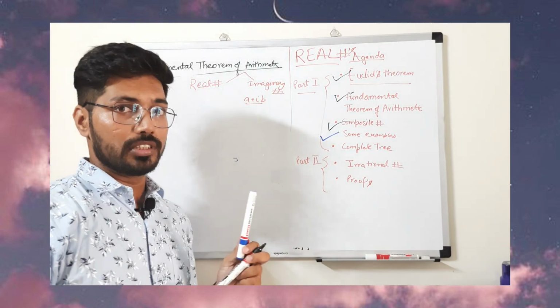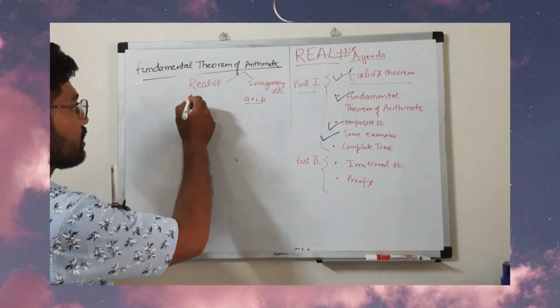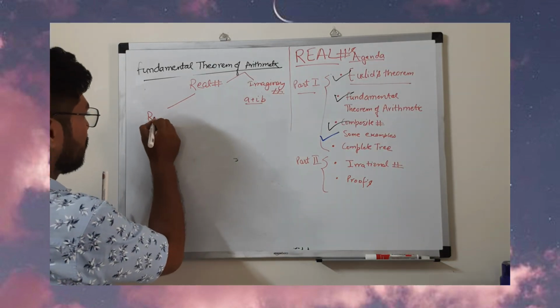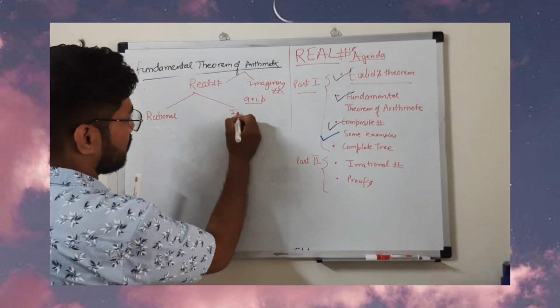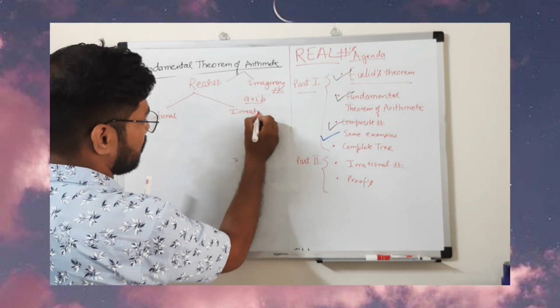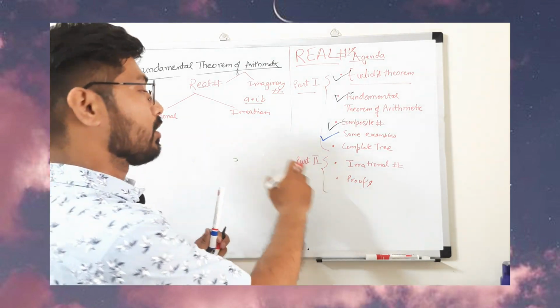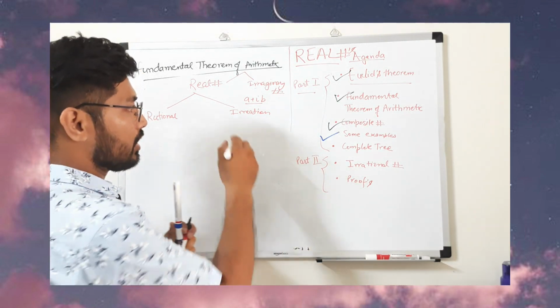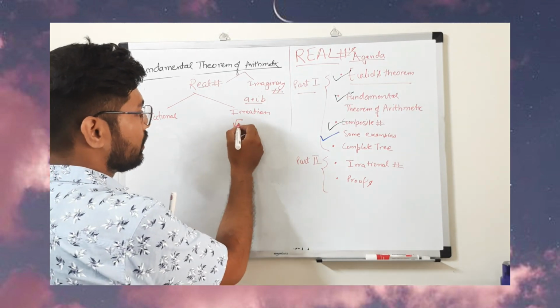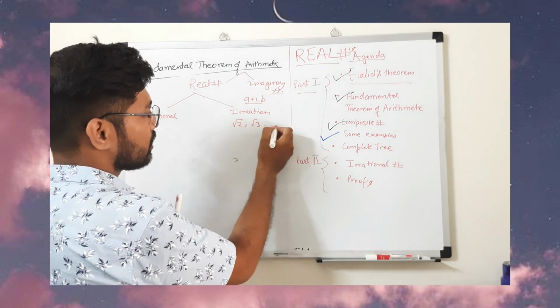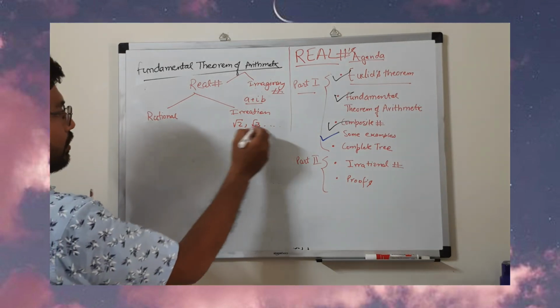Real numbers are divided into rational and irrational, which will be covered in the second part. Irrational numbers are in root form, and in that you can put prime numbers: root 2, root 3, root 5, like that.